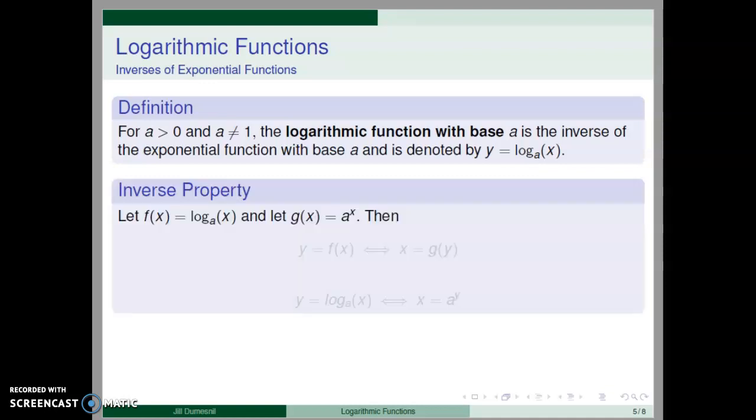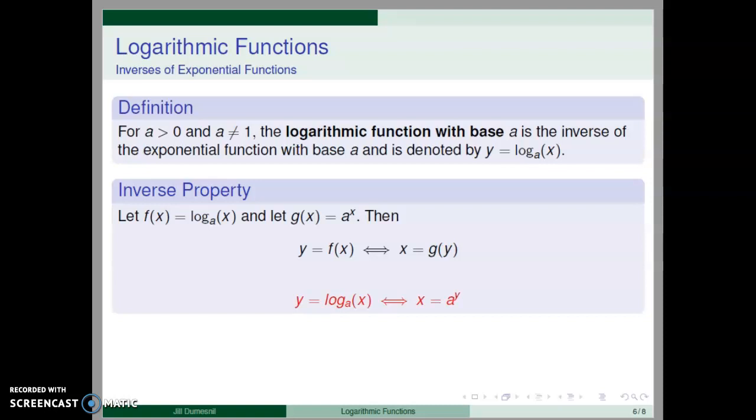If we let f of x equal log base a of x and let g of x equal a to the x, then the inverse property says that y equals f of x if and only if x equals g of y. In particular, y equals log base a of x if and only if x equals a to the y power.